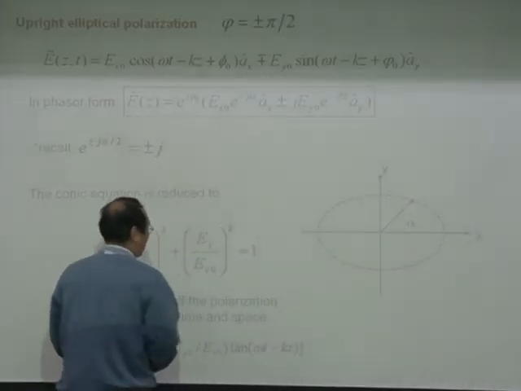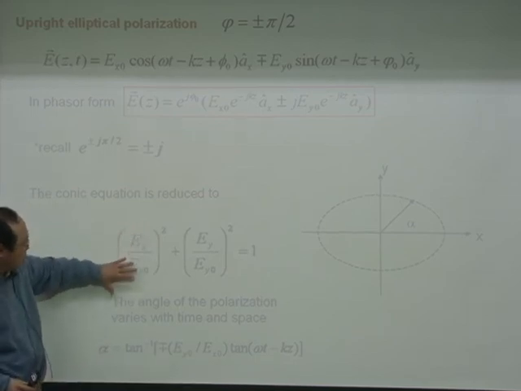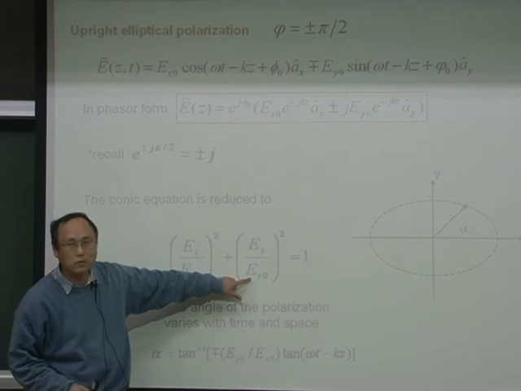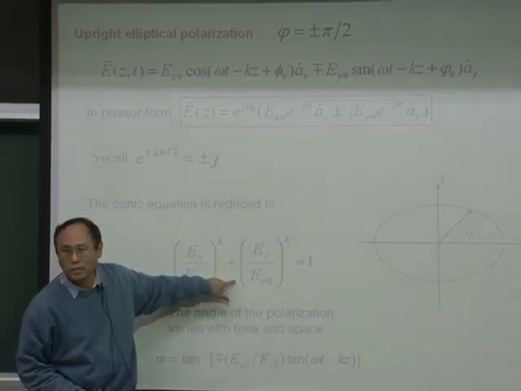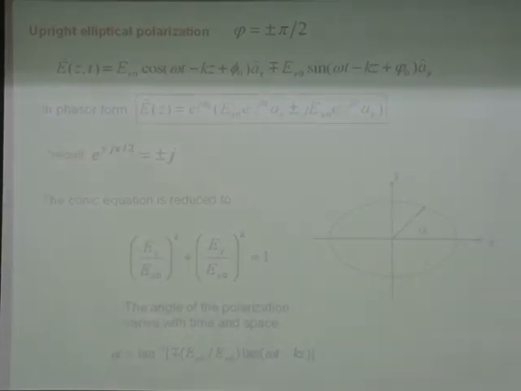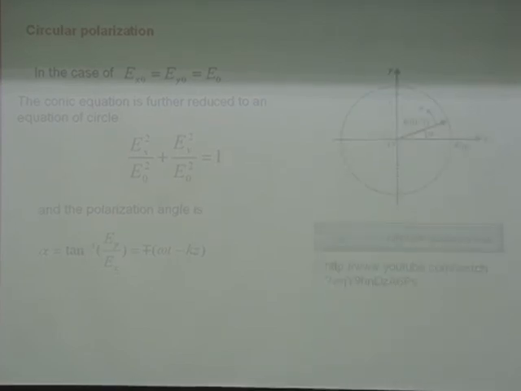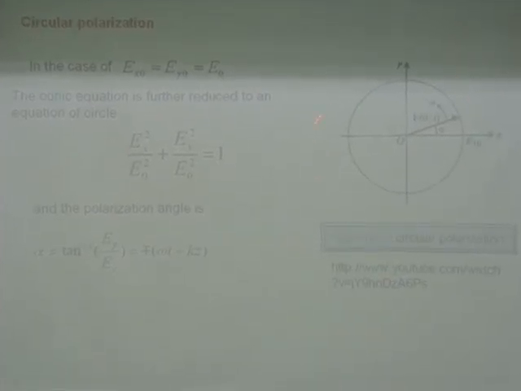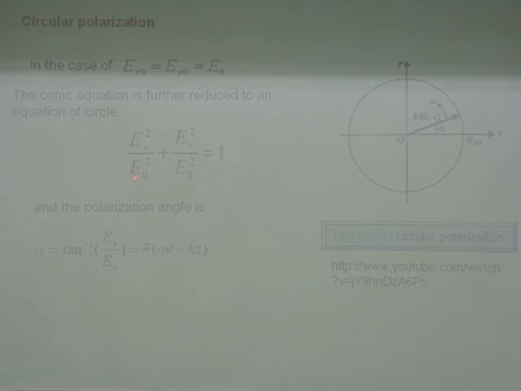All right. Well, once you look at this expression, you recognize that if this EX0 is equal to EY0, this is a circle, right? So you have a circular polarization. If these two values are the same, the EX component and EY component are the same, then you have circular polarization like this.